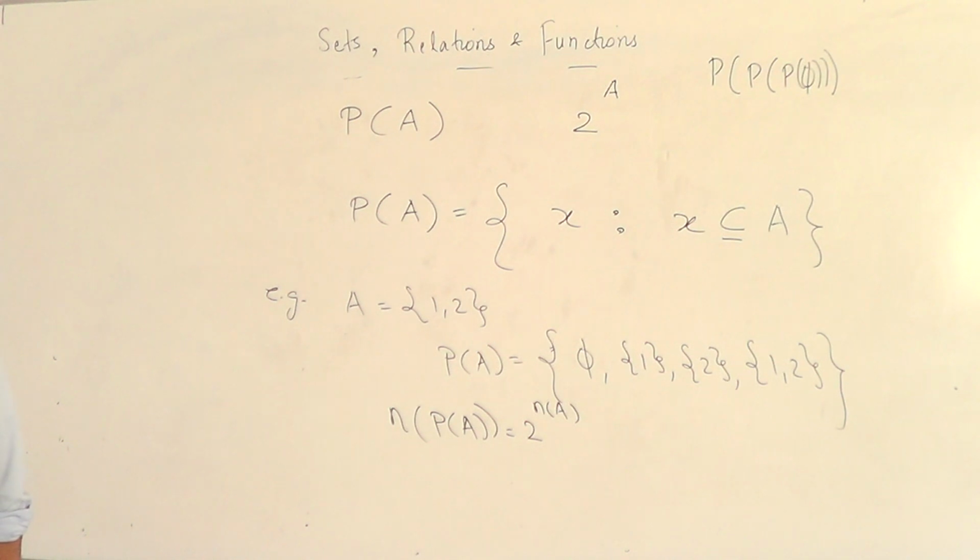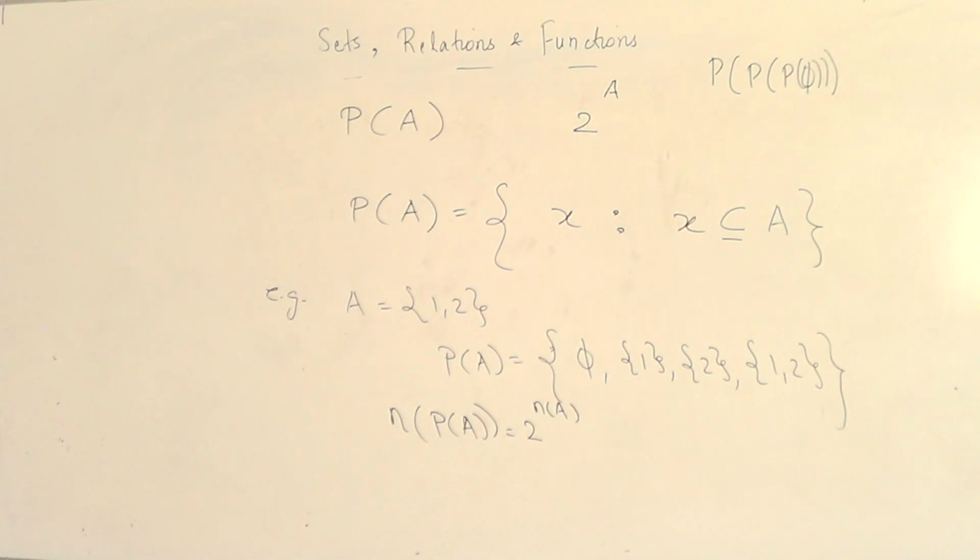It will be 1 element. So basically that's just the null set. Power set of a null set will have how many elements? 1. So 1 is the null set in brackets. 2 to the power 2 is 4. 4 elements. So what are they? That's what I'm asking you.